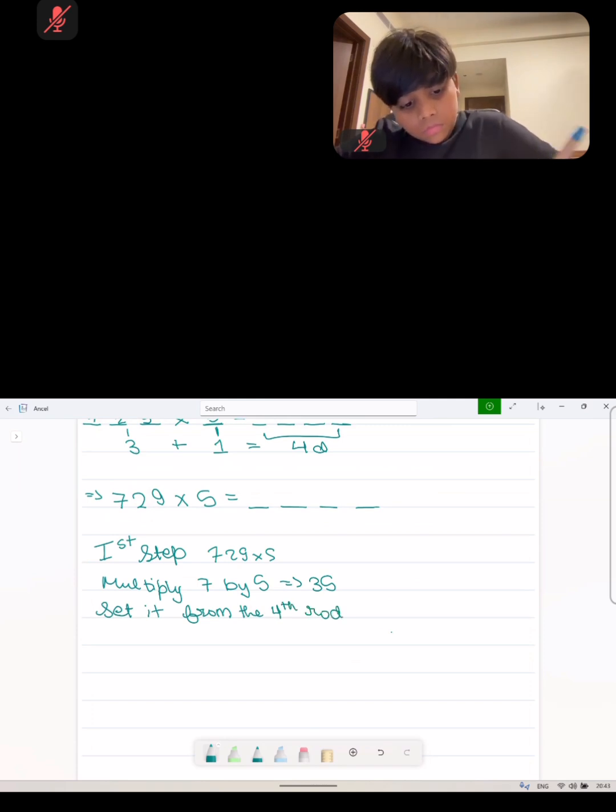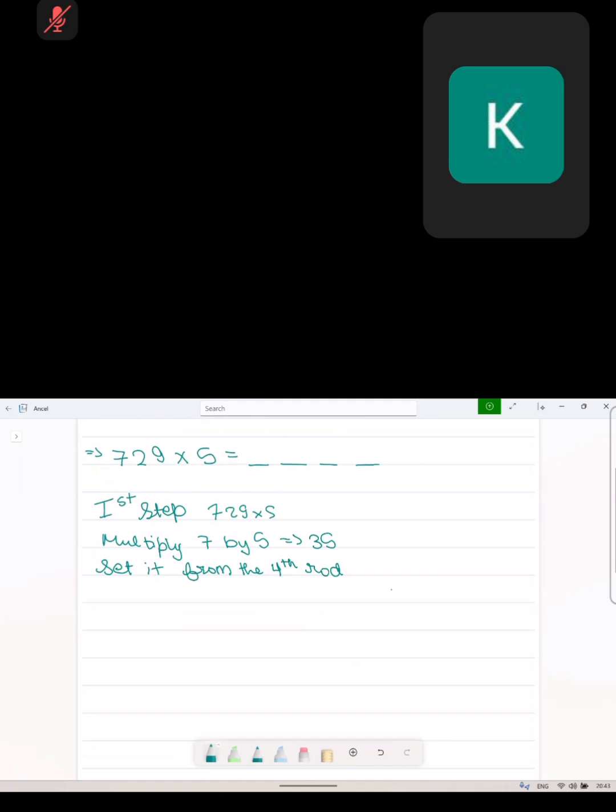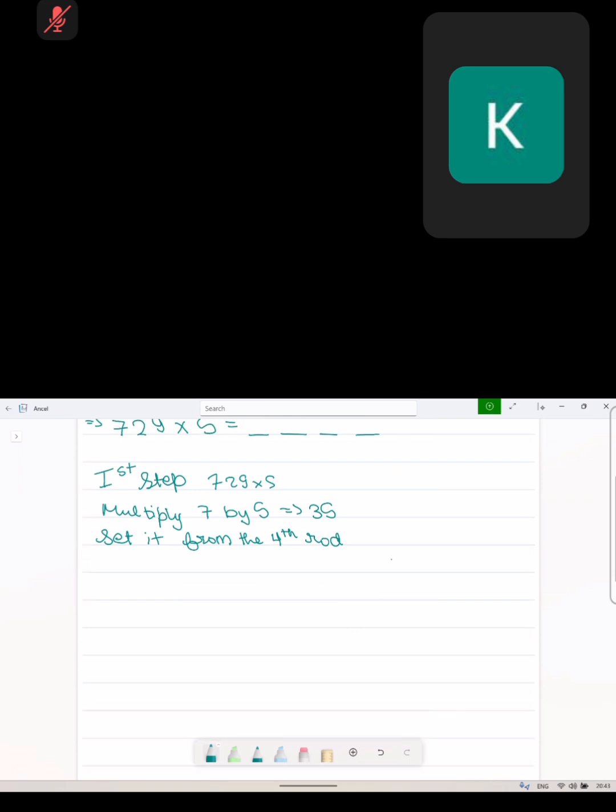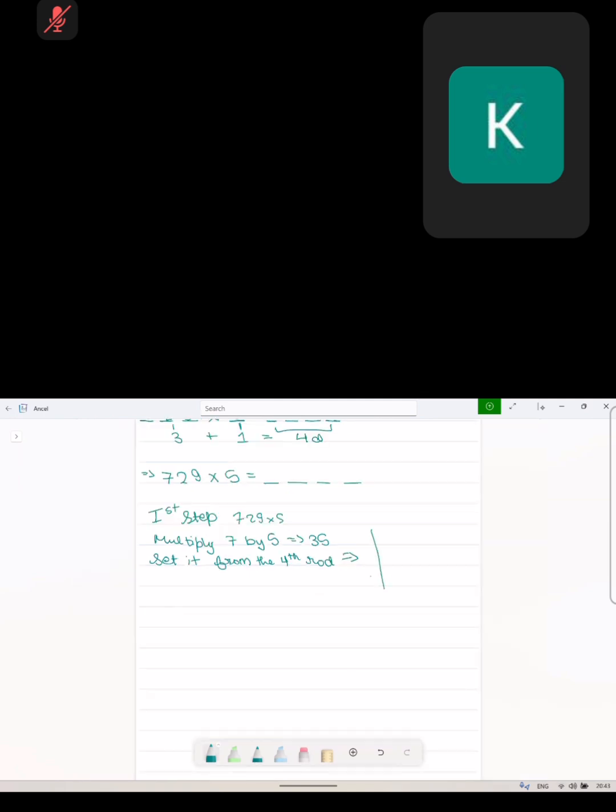So what I have written here, the first step, 729 multiplied by 5, what we'll do, we'll multiply 7 by 5, the answer will be 35, and then we'll set it from the fourth rod. Okay. Now I'm drawing the diagram as well.